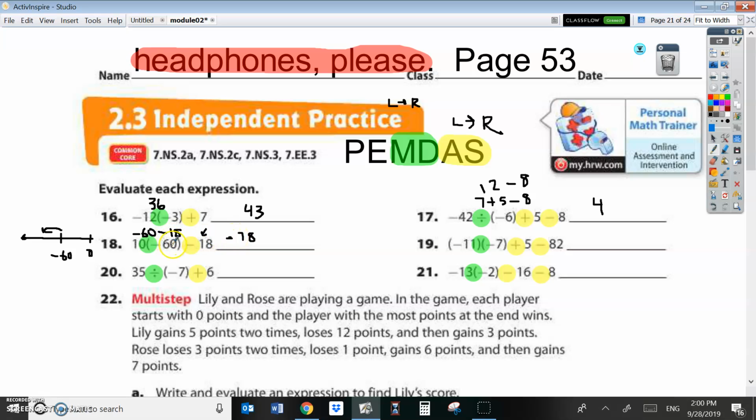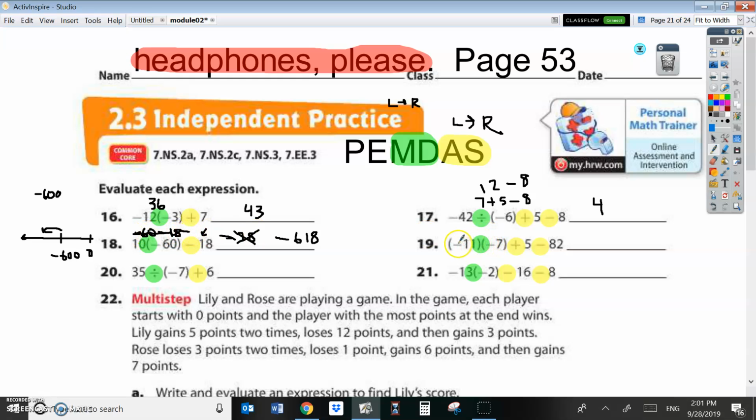Except that that's not 6, that's 60. So sorry, that should be negative 600 minus 18 should be negative 618. Not this.